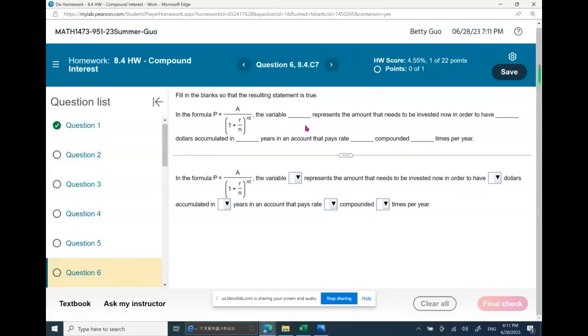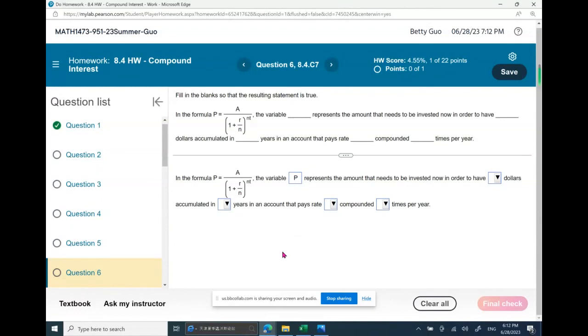So in this formula, the variable P represents the amount that needs to be invested now in order to have how many dollars accumulated in how many years in an account that pays the rate R compounded how many times per year. So this is how we understand the variables in the formula. P here is called the original principal.